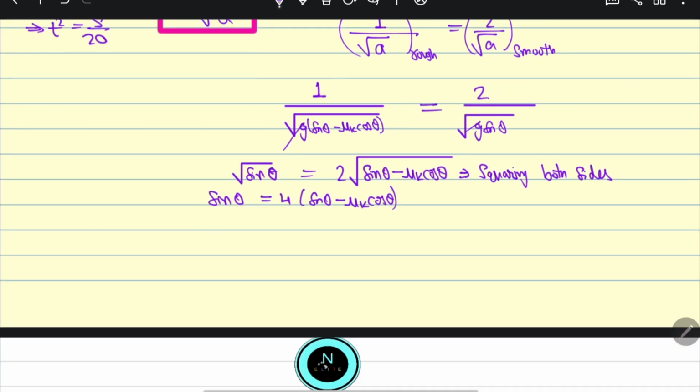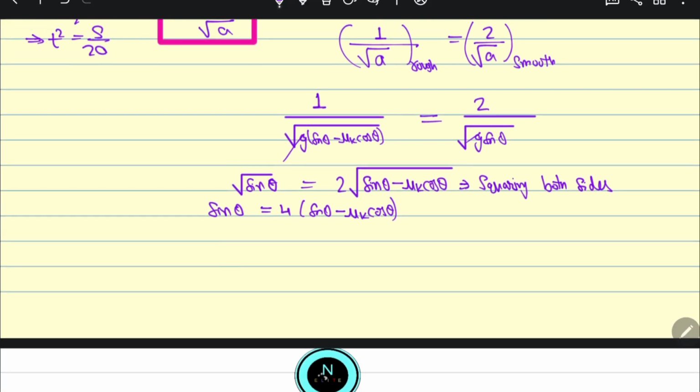Then what I do, I send 4 to that side and sine theta to the other side, so this becomes 1 by 4 is equal to 1 minus mu k cot theta, and the inverse of cot is tan theta. Theta they have given as 45 degrees, so tan 45 degrees is 1, so 1 by 4 is equal to 1 minus mu k.